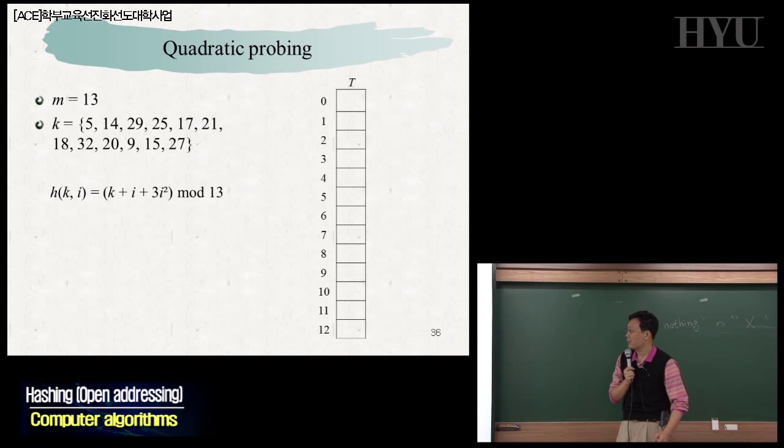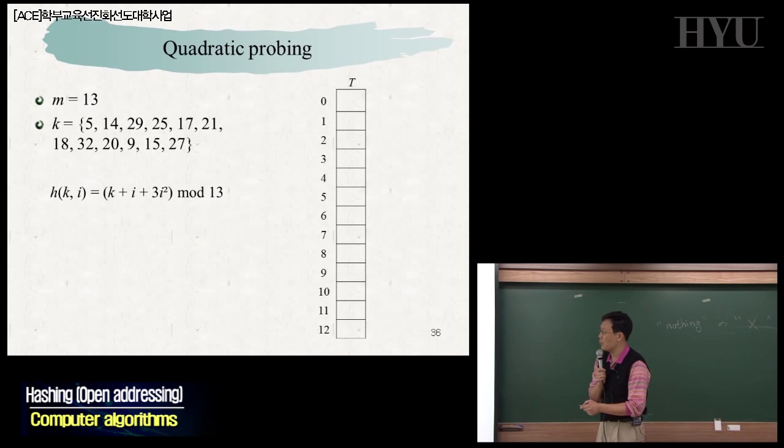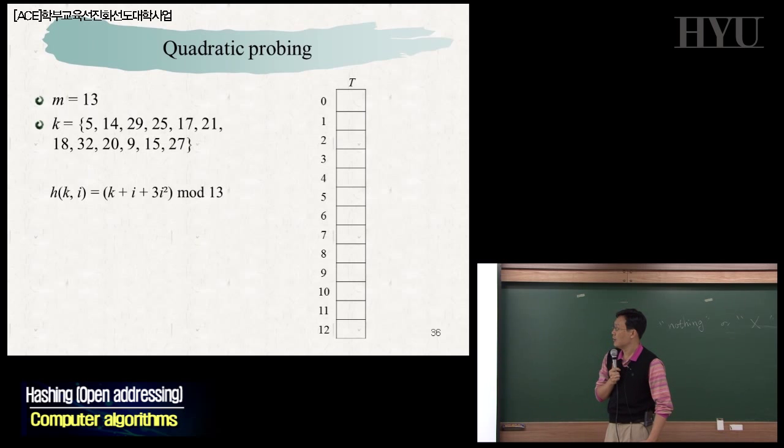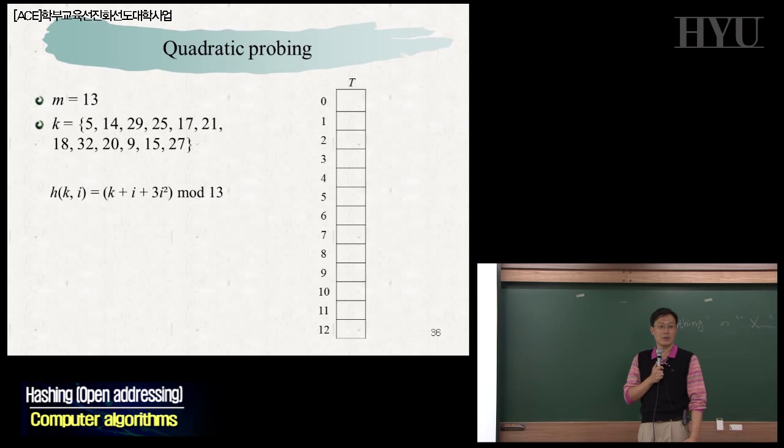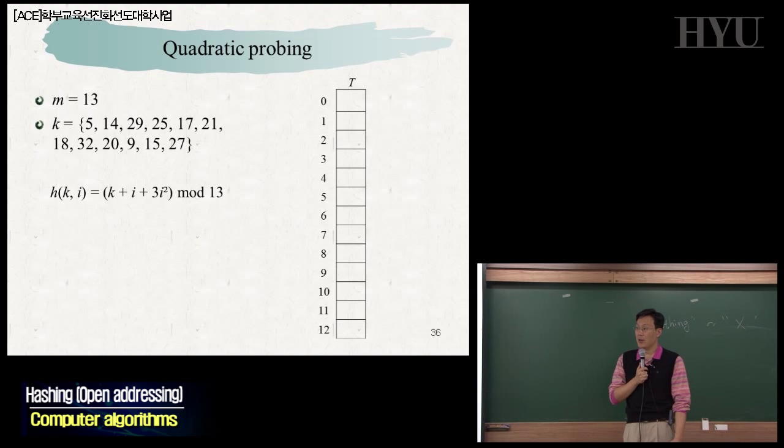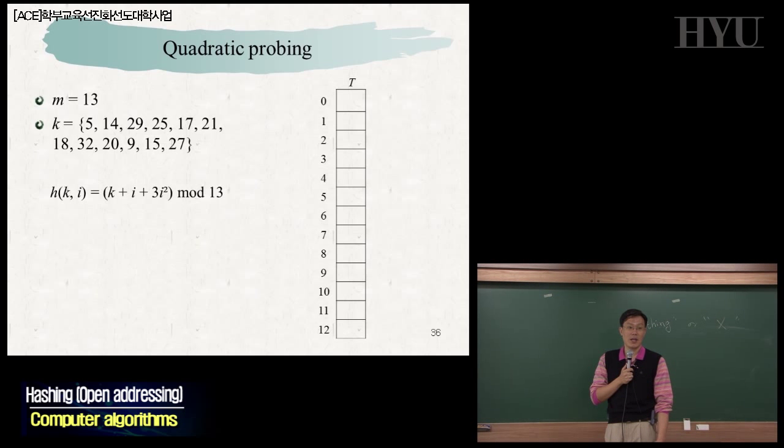Let's see. This is a simple quadratic function, k plus i plus 3i squared. So this is the same key sequence. When i is 0, it is the same as linear probing. It means if there is no collision, then it is stored using the original hash function.